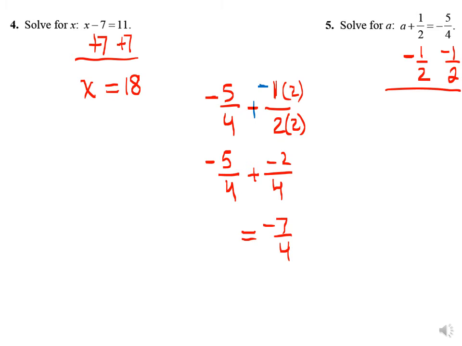I made an equivalent equation. The answer is -7/4 for this guy. Therefore, -7/4 is a solution to that equation. Okay, are we good there? Does that all make sense there? I'm kind of throwing a little tough ones at you here. That's the toughest one.